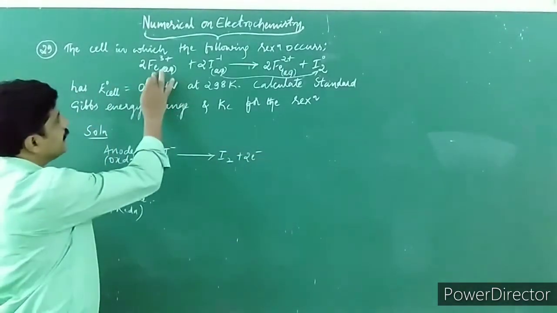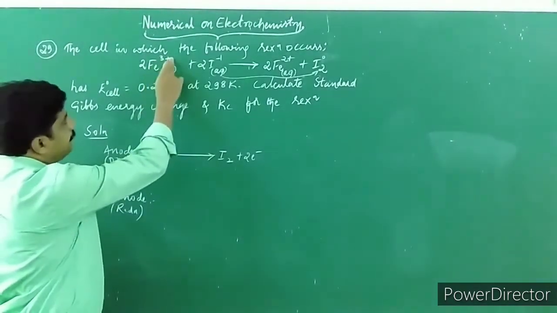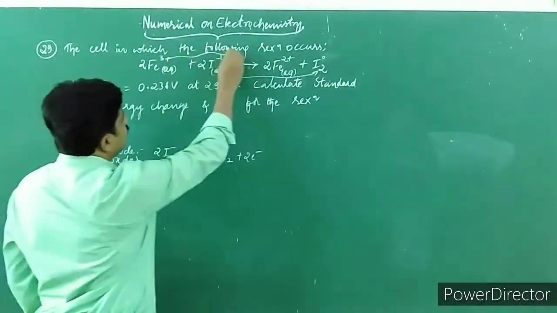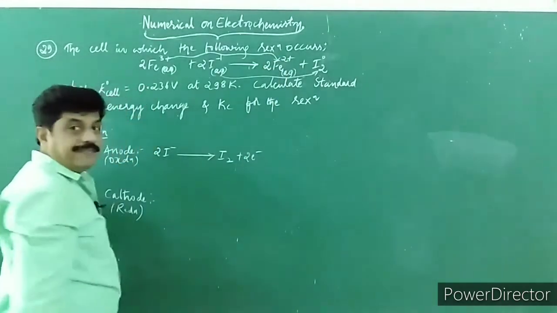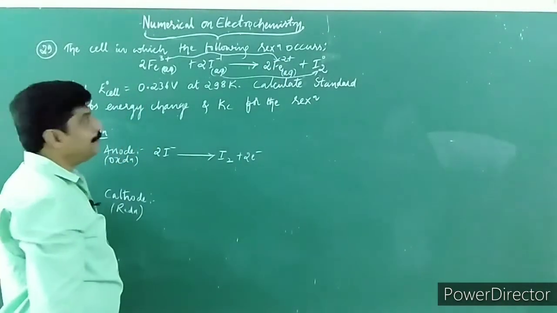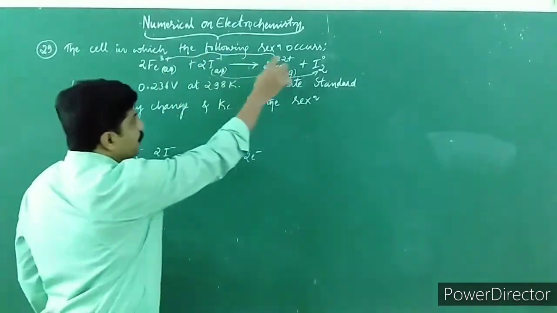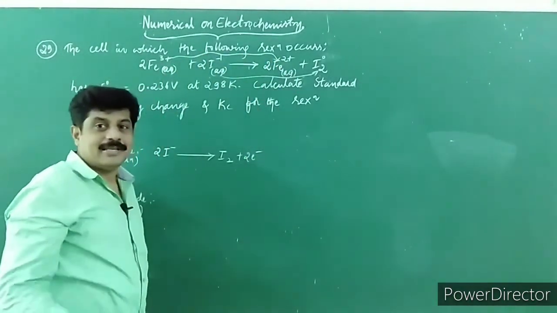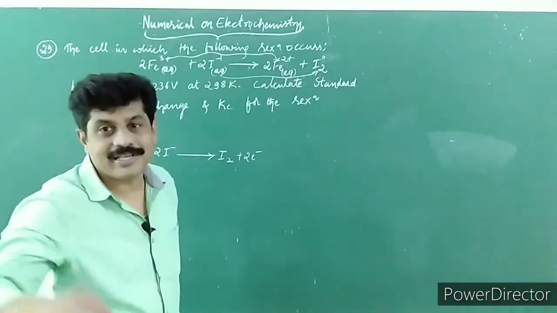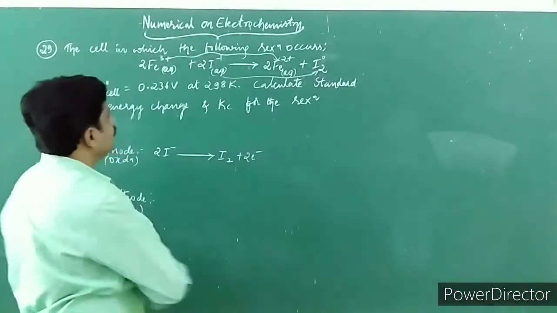Children, look at here in this case. Fe3+ is getting converted into Fe2+ ions. That means from plus 3 oxidation state, it is decreased to plus 2 oxidation state. That means decrease in oxidation state refers to reduction.